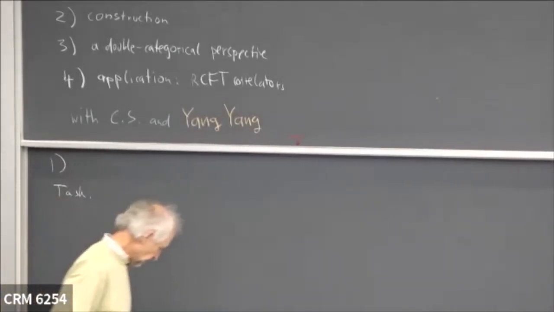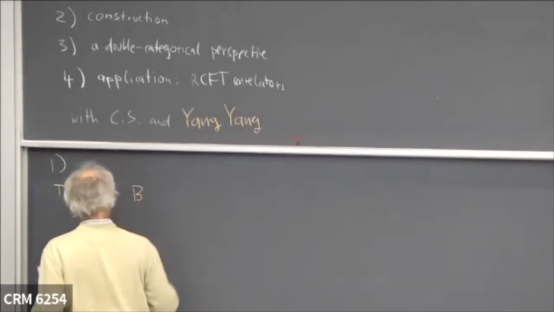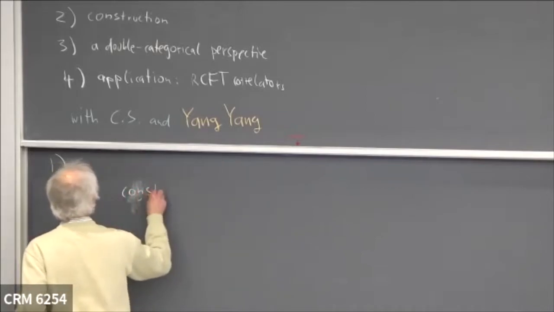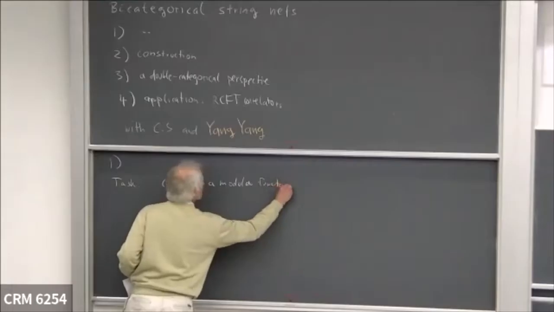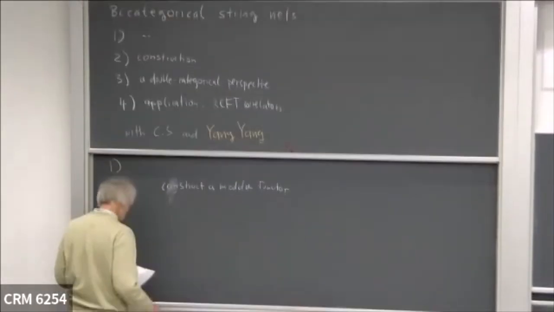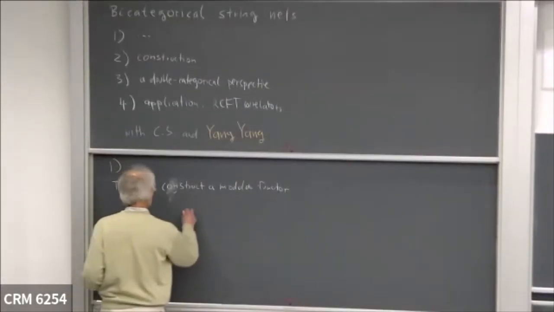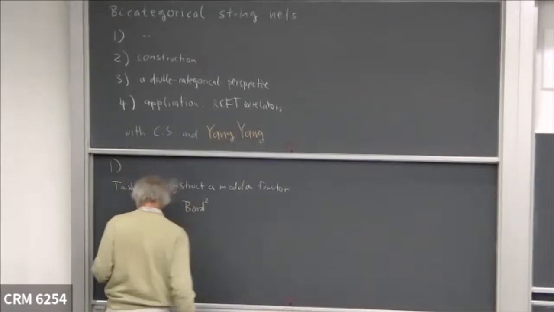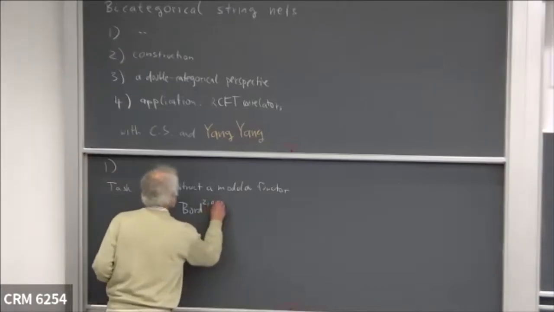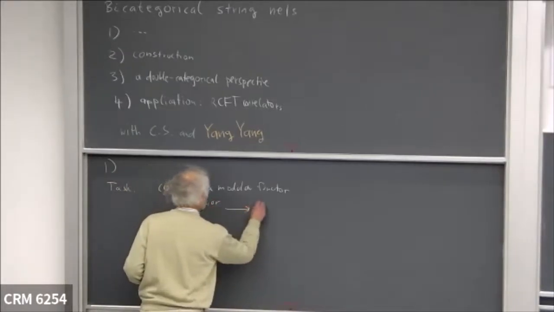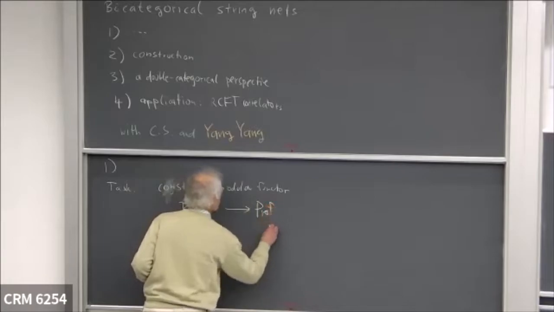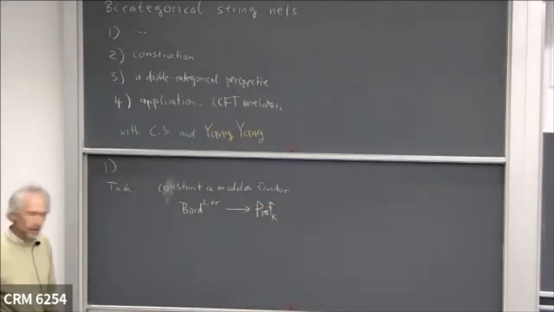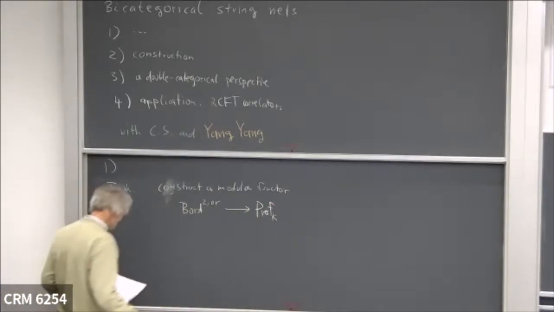that I want to talk about is to construct a modular functor. And for me, a modular functor is a symmetric monoidal 2-functor from a certain 2-category of bordisms, 2-dimensional oriented bordisms, to a K-linear 2-category of profunctors, where K is an algebraically closed field, which will be fixed throughout this talk.